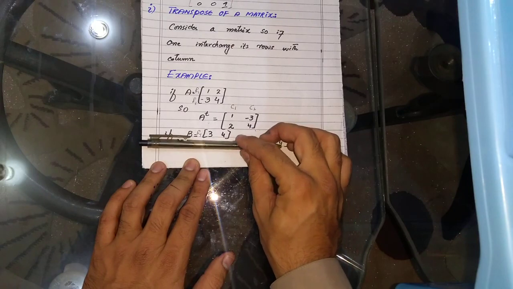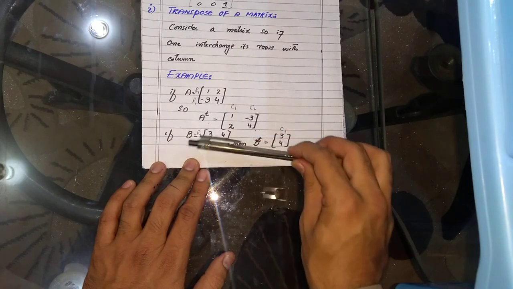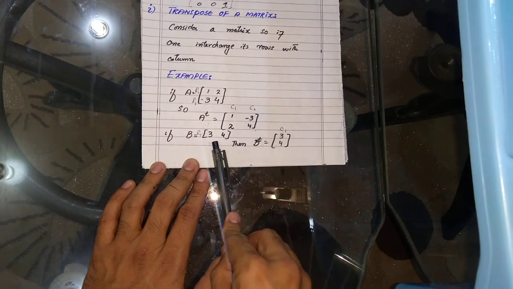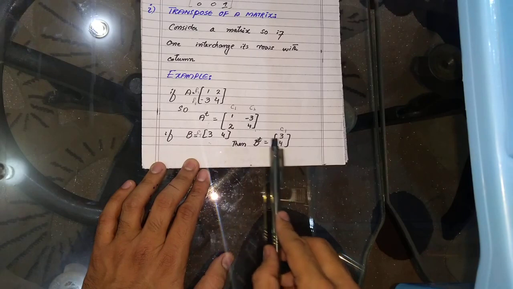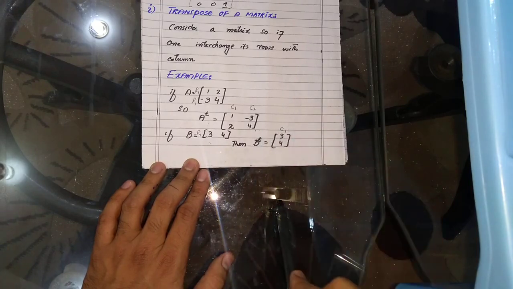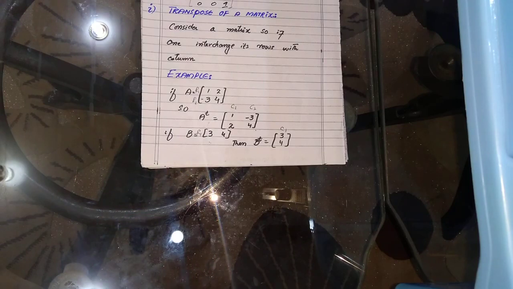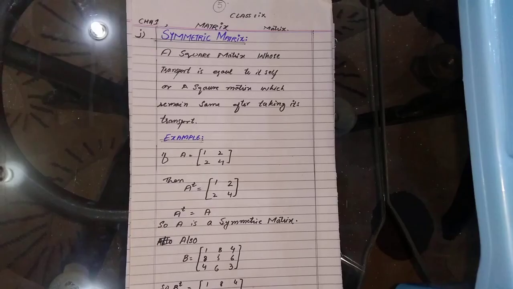So this is a row, and now we are shifting that row into a column. So now if the order of this B matrix is 1 by 2, now it becomes 2 by 1. So by using transpose of a matrix, we are not only interchanging the rows with the columns, but the order of the matrix is also interchanged.